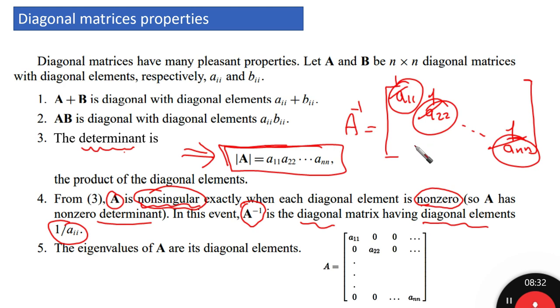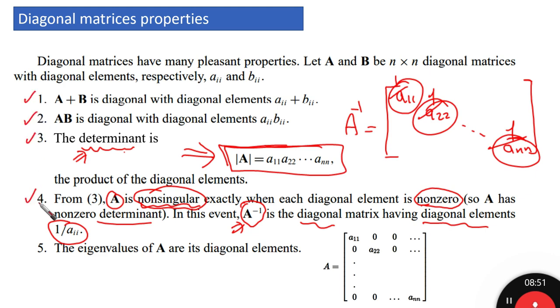Very simple. So now we can obtain the determinant simply, we can judge whether or not the matrix is singular, and at the same time we can obtain the inverse of the matrix in a very simple way.